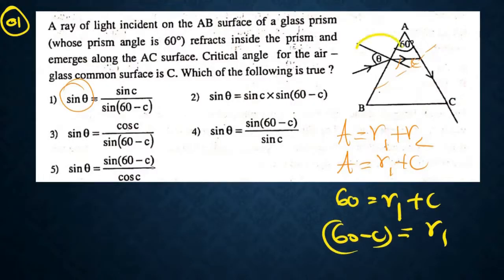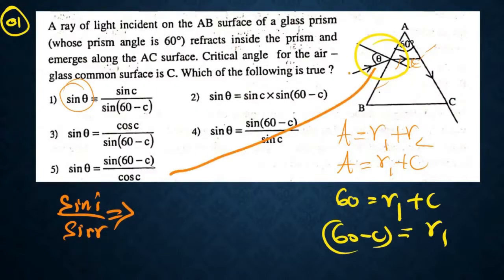So let's apply refraction here. Sine i over sine r. So I can write it as sine theta, the incident angle, over sine R, that's the one we found here, sine of 60 minus C, of course we can see it in the answers.